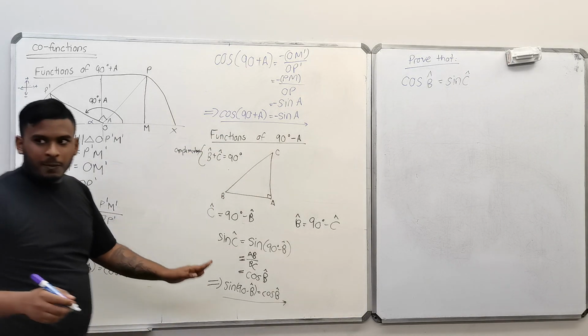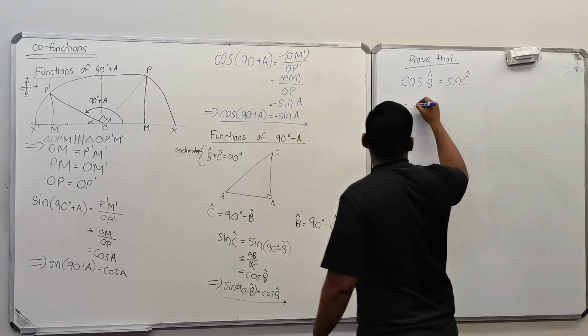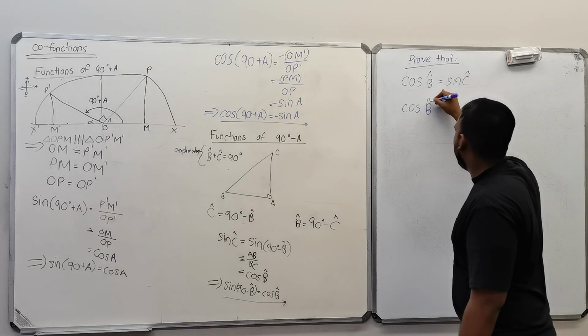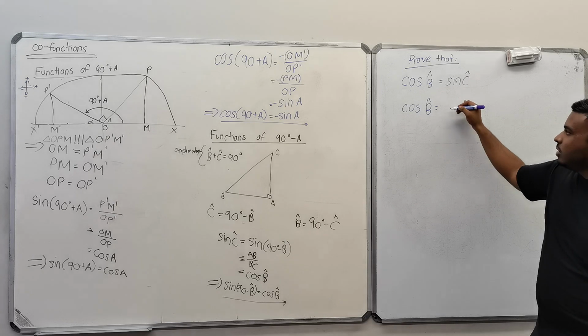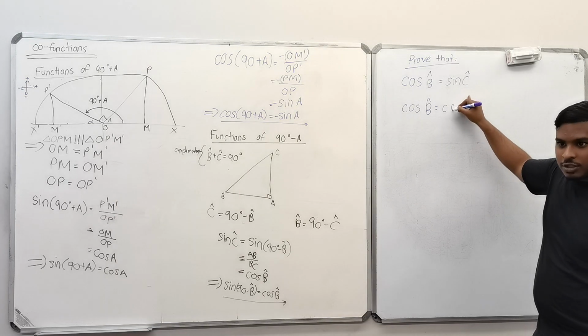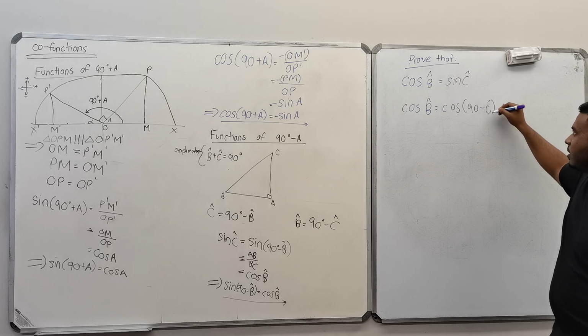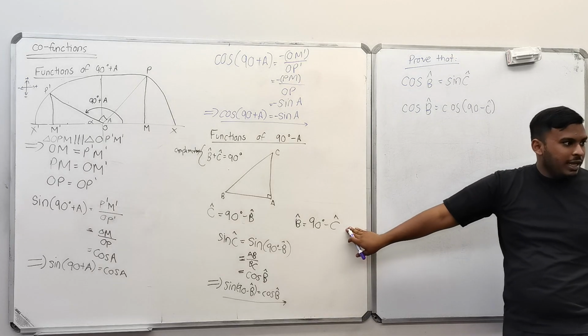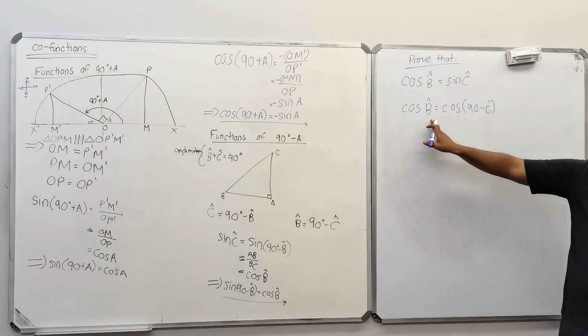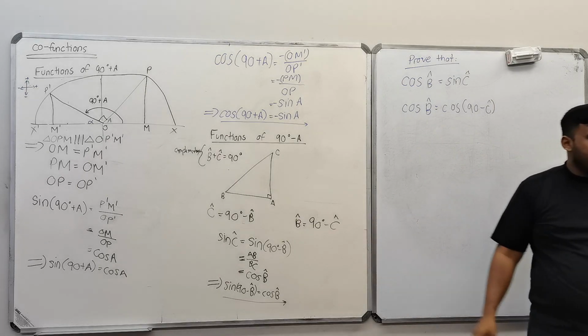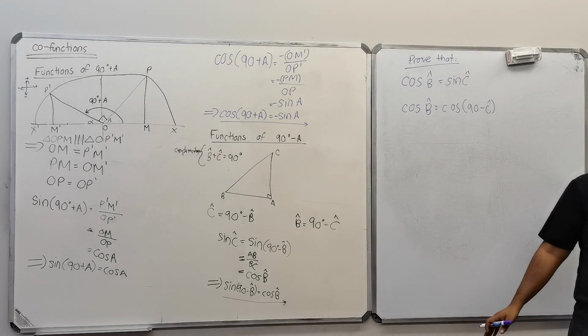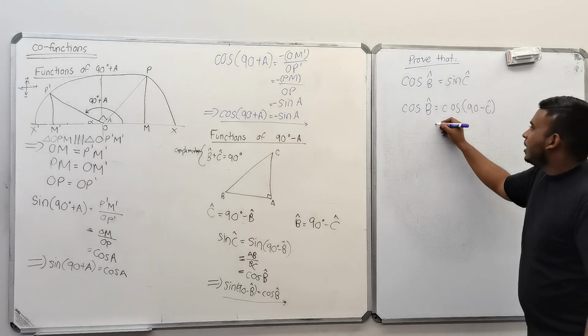So cos of angle B would be equal to cos of 90 minus C. All I did was I replaced angle B with 90 minus C. Okay?